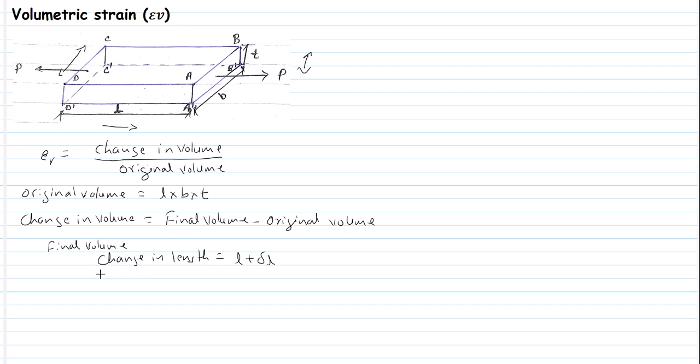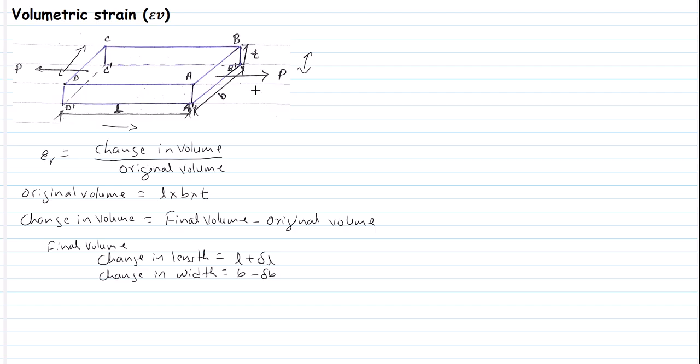Next, change in width. What can I write? I can write this original dimension B. Because of the axial load applied in the direction of length, the width will get decreased. So I will take this as minus delta B, because it is uniaxial.